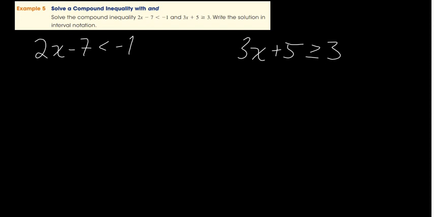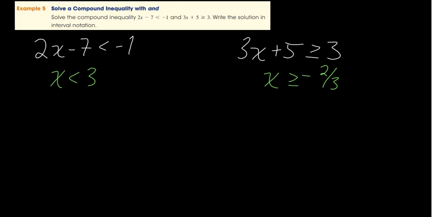And then if we divide both sides by 2, we end up with x is less than 3. Okay. And on the right side, if we subtract both sides by 5, we have 3x is greater than or equal to negative 2. And if we divide both sides by 3, we end up with x is greater than or equal to negative 2/3.